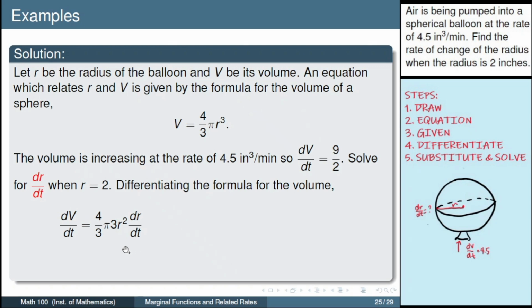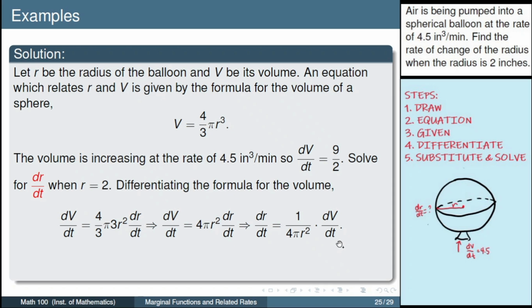Okay? Pero bago yon, ayusin muna natin yung right-hand side. Yung right-hand side, pwedeng mag-cancel out yung 3 dyan. Okay? So, simplifying that, we'll get dV over dt equals 4 pi r squared dr over dt. Then, solving for dr over dt, pwede nating i-divide both sides by 4 pi r squared. So, ibig sabihin, bababa lang yung 4 pi r squared. Okay? So, finally, we have dr over dt equals 1 over 4 pi r squared times dV over dt.